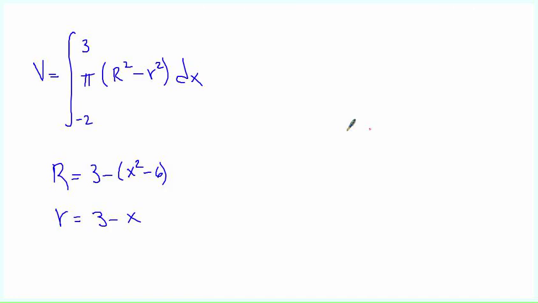So let's go back here. This is pi, goes outside, -2 to 3, and the big R is 3 minus x squared minus 6.